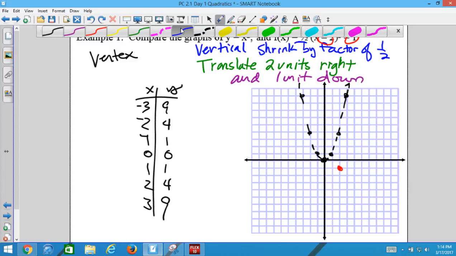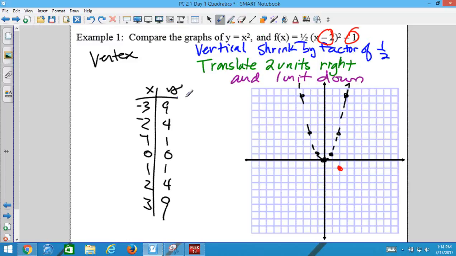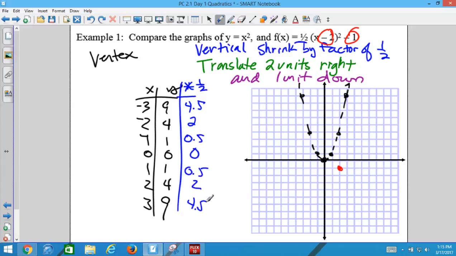Half of what? X's or Y's? You multiply all your Y's by half because it's a vertical shrink. And it is symmetrical, so once you've multiplied some of them, the other ones should multiply to have the same answer. So it's really like only half the work.